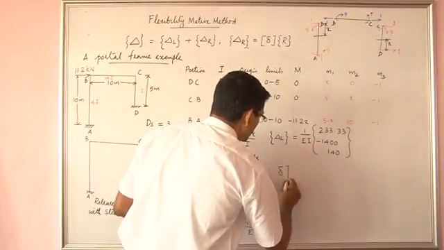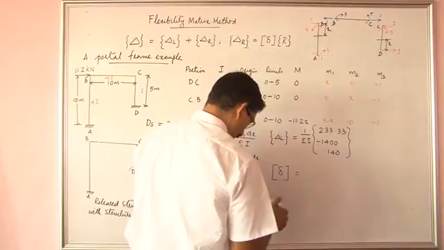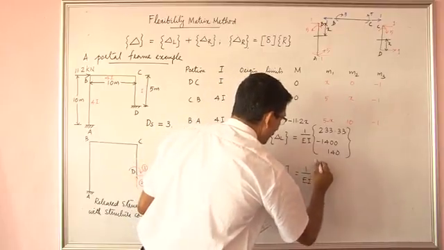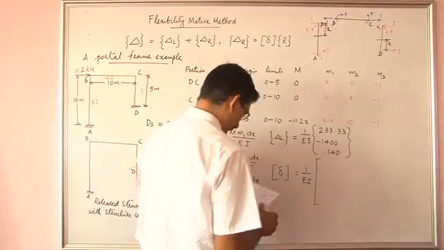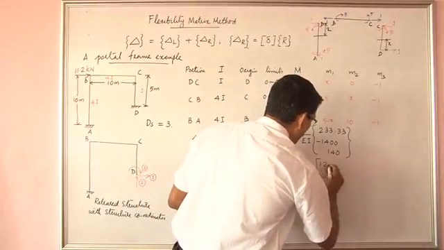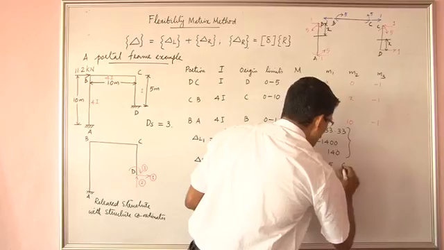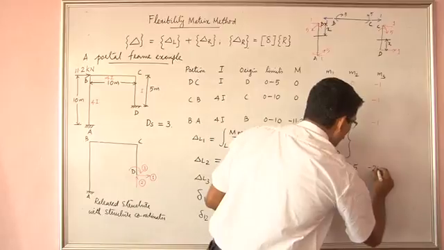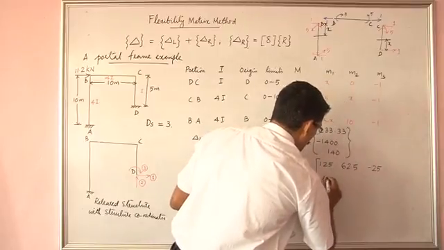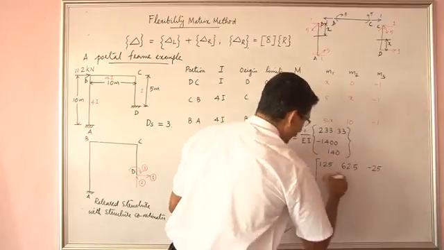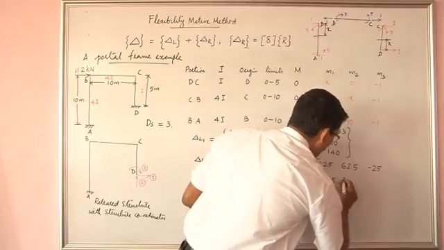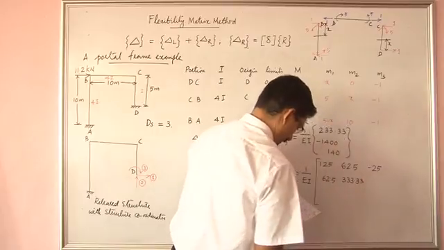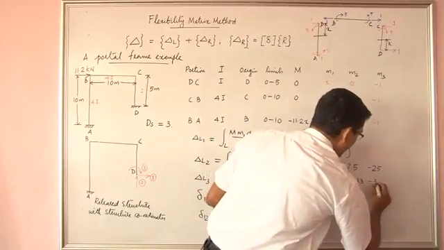The delta matrix will be 1 by EI into (125, 62.5, minus 25; 62.5, of course, symmetry, 333.33, minus 37.5).